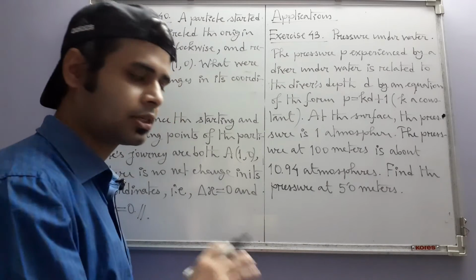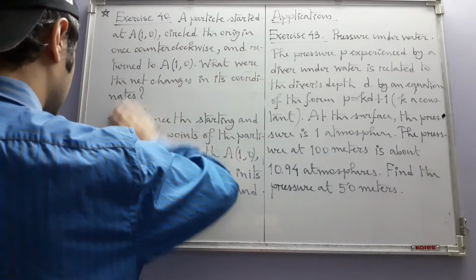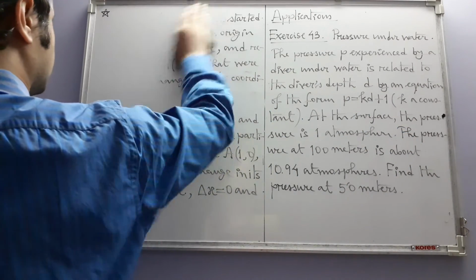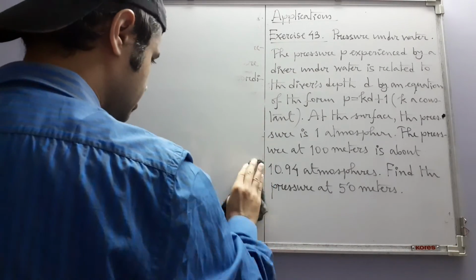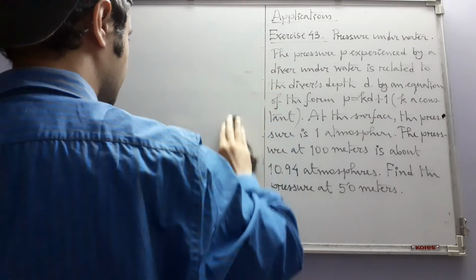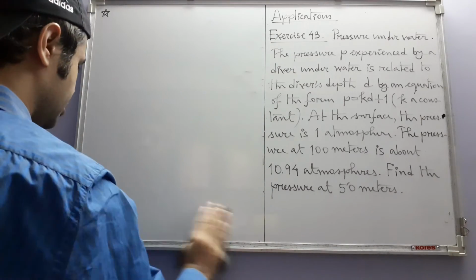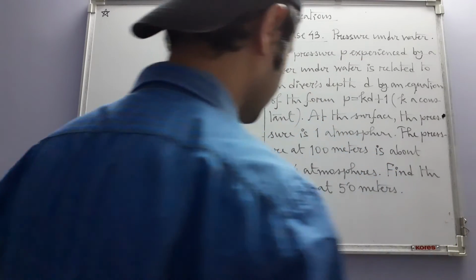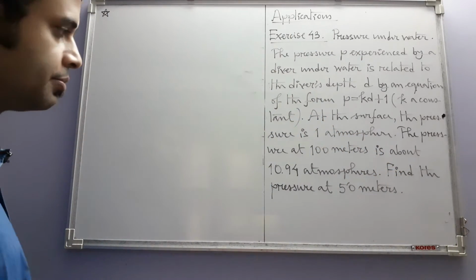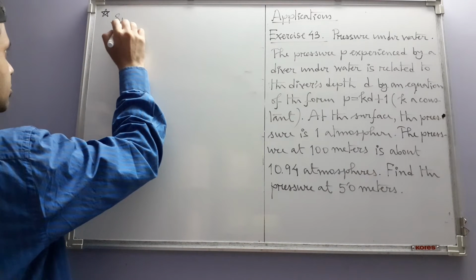There only professionals go, professional divers, scuba divers. I myself, I don't know swimming, and also I am very afraid of water, especially deep and dark water. I have that thing called thalassophobia. Anyway, let's solve this exercise.